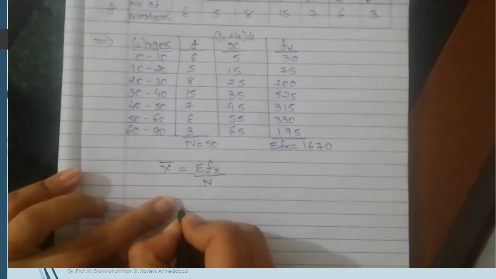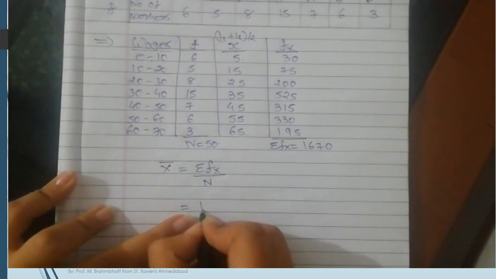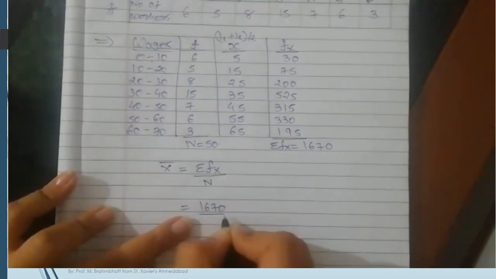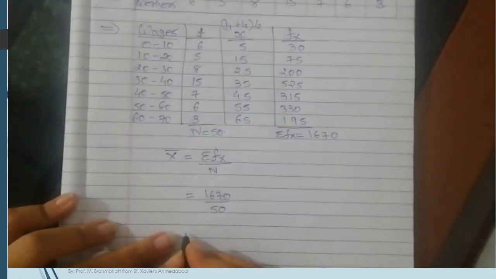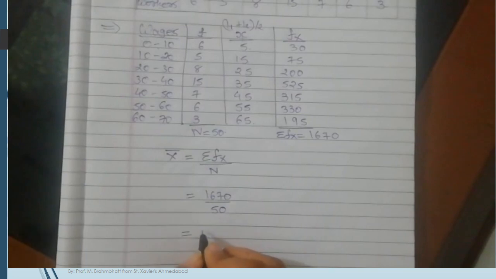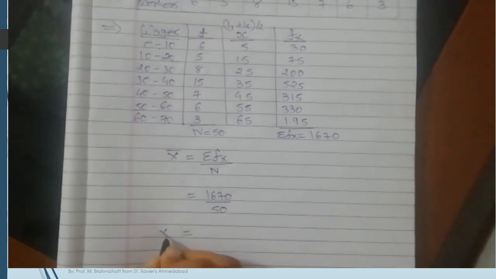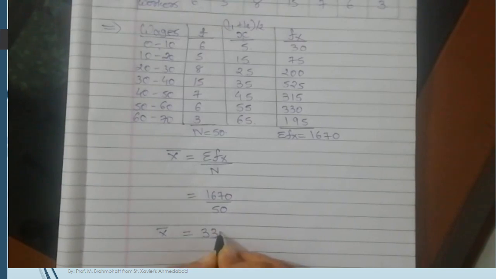Now we'll put the value in the formula: 1670 divided by 50. For this we'll use the calculator, and x bar is equal to 33.40.